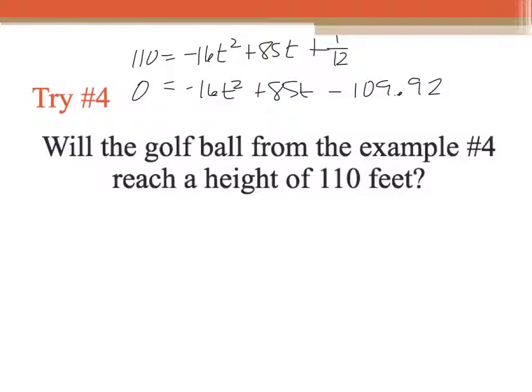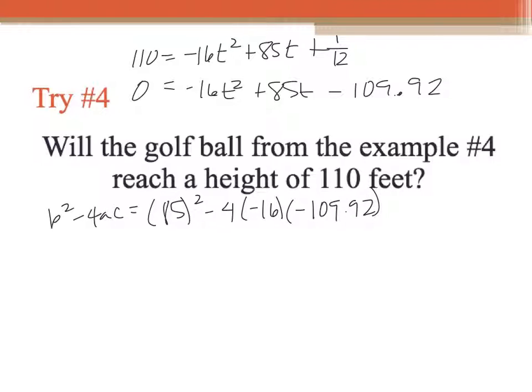From here, we would do the discriminant, b squared minus 4ac. That's 85 squared minus 4 times negative 16 times negative 109.92. 85 squared is going to give us 7,225 again. Negative 4 times negative 16 is about 64, and if I multiply that times negative 109.92, that's going to give us negative 7,034.88.